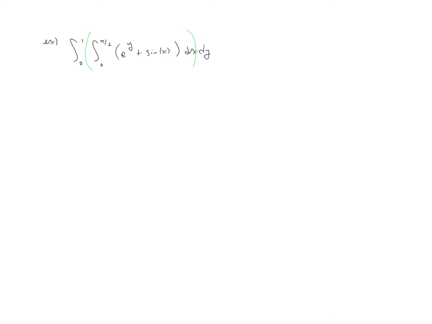Now, we're going to integrate with respect to x, meaning that anything that has a y in it is going to be treated as a constant. So when I integrate a constant with respect to x, that's going to give me x e to the y. All right? And then when I integrate this with respect to x, that's going to give me a negative cosine.